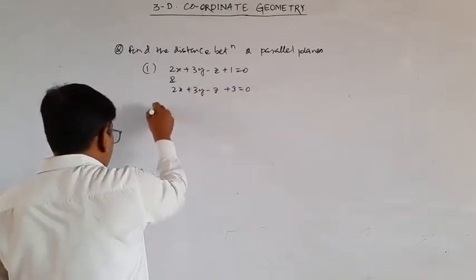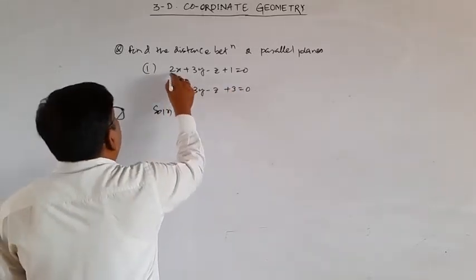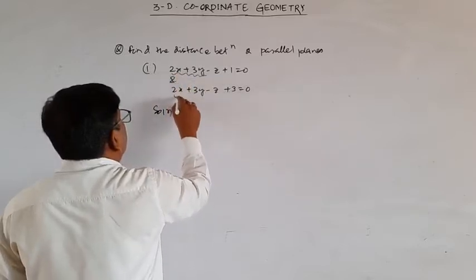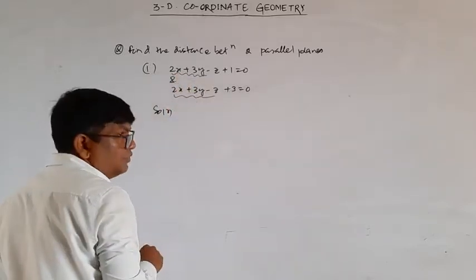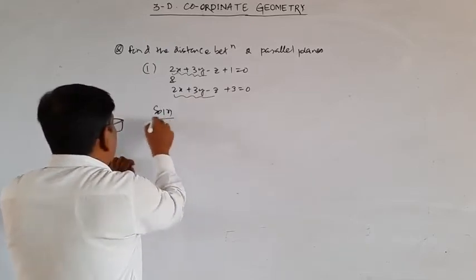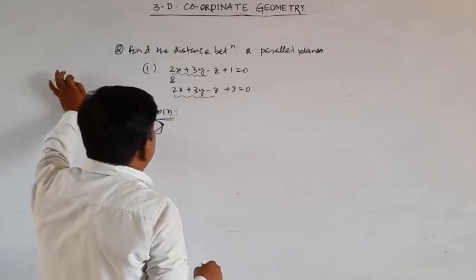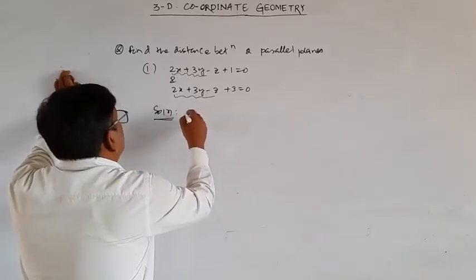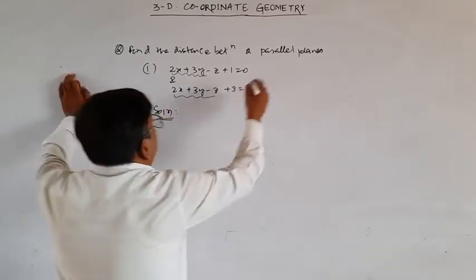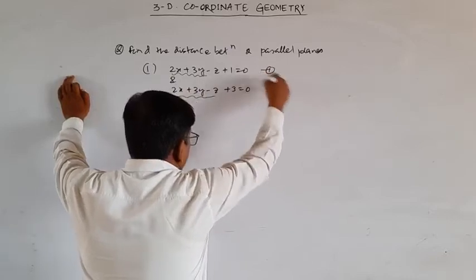So the solution: the x, y, z coefficients are the same, so there is no need to balance them. Suppose this is equation 1 and this is equation 2.